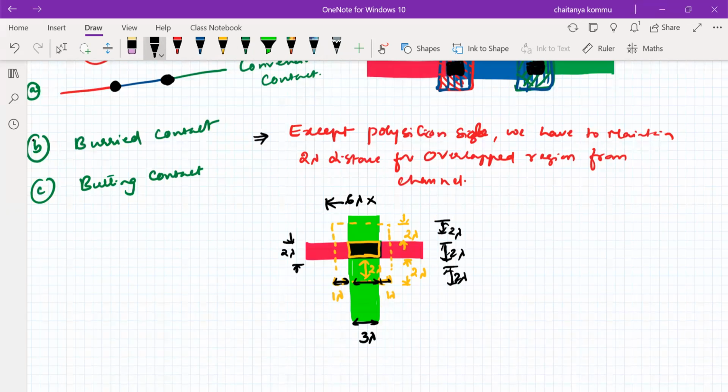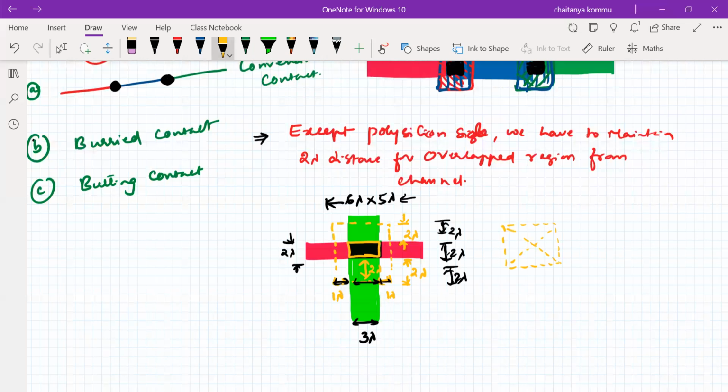And what is this value? 1, 3, 4 lambda, so 5 lambda is another one, right? So here we have to consider the dotted yellow line of dimensions, and we have to use a dotted cross something like this also.